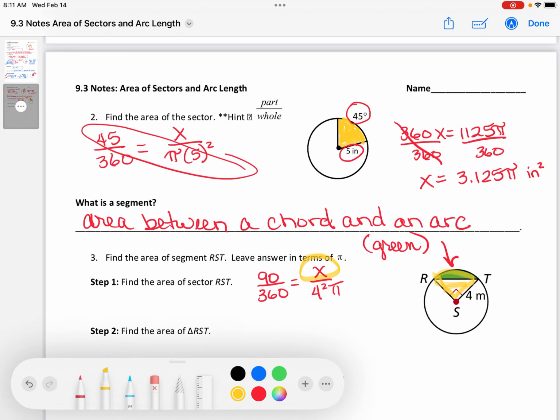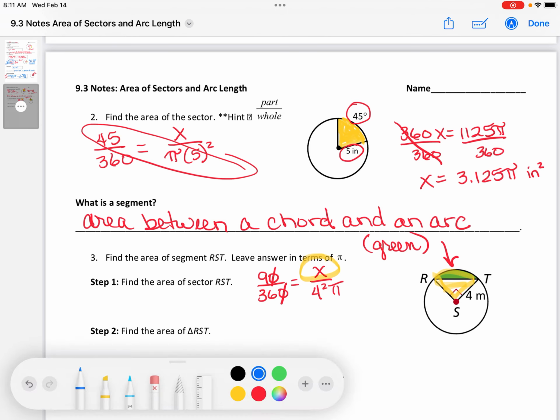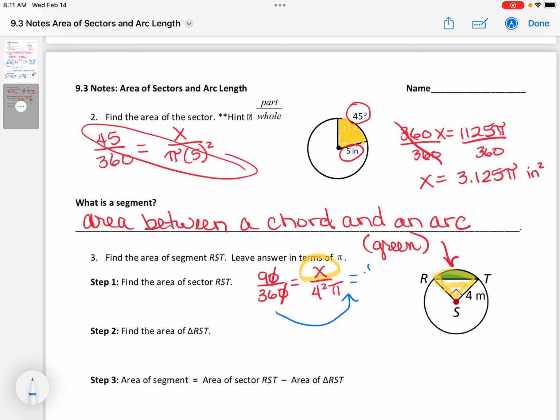Then we're going to subtract the triangle. Okay, I happen to know that 9 over 36 is 1/4. So I'm going to have 4x equals 16 pi. And if I divide by 4, I get 4 pi. That's the area of the sector.